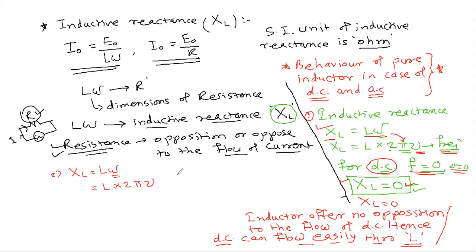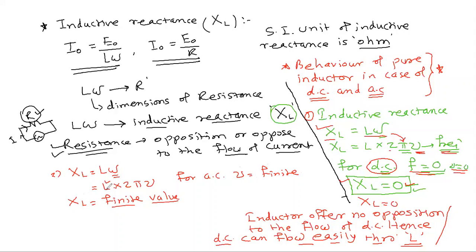Then for AC, for alternating current, the frequency nu is some finite value, for example 50 hertz you can take here. After putting this value, you will get the value of XL as some finite value.